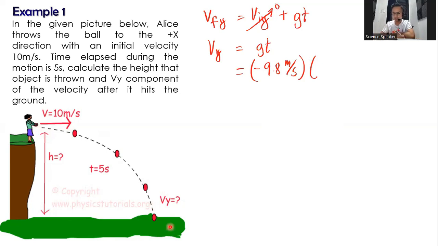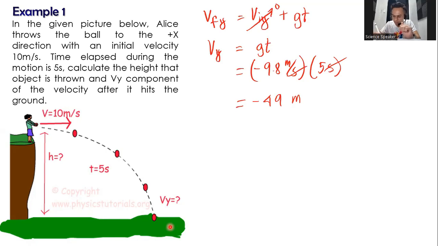You simply multiply the two. 9.8 times 5 is negative 49.